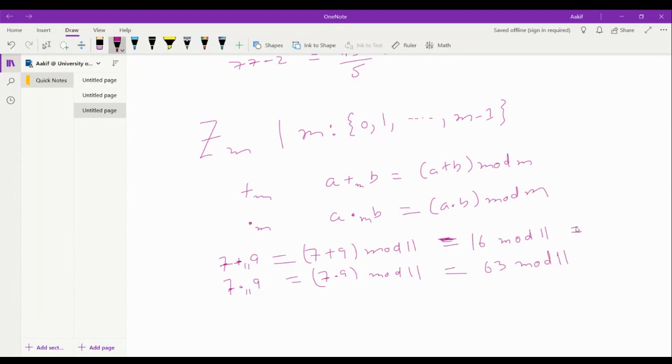In the first case, 11 times 1 is 11, so we'll have 5 as the remainder, so this will be 5. For 63 divided by 11, 11 times 5 is 55, and we'll have 8 as the remainder. So this will be 8.